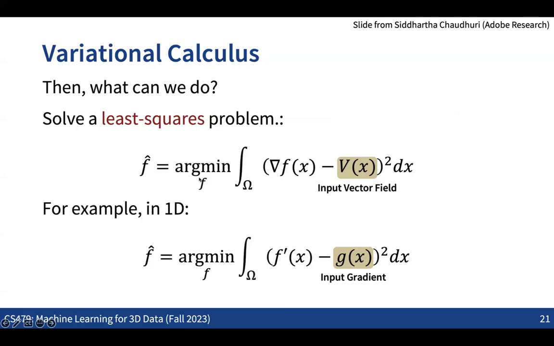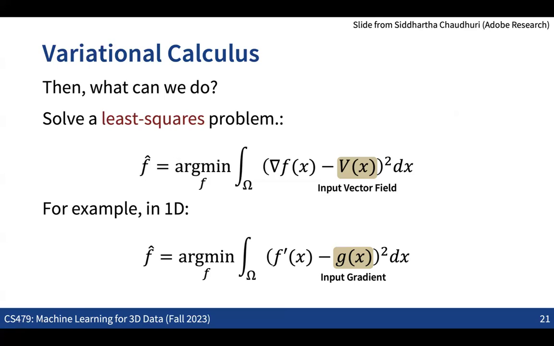In the 1D case it's basically identical: we have some gradient information, and we are finding a function f whose first derivative becomes the same as the input gradient. So this becomes our objective function. Is it clear?